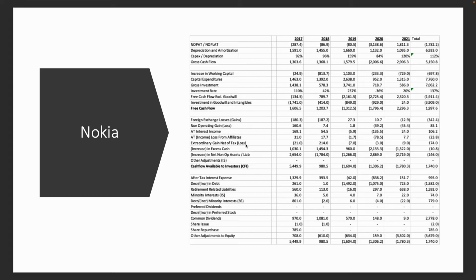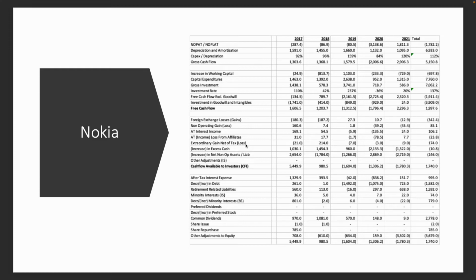So over the 5 years, what they started to draw down in the first 2 years, they pretty much put back in the last 2. Okay? And they also had some miscellaneous adjustments that increased on the income statement, reducing their CFI by about $246 million. So again, nothing really changed dramatically between their operating free cash flow and their CFI of $1,740,000,000.